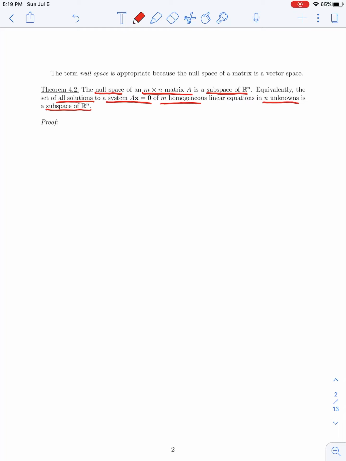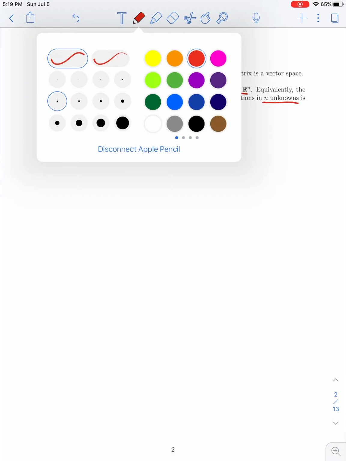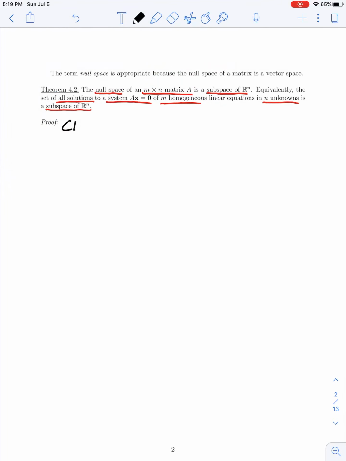So let's see if we can establish the proof for this result. The first part of this result is to show that the null space is a subset of Rn. Clearly the null space of A, which is an M by N matrix, would be a subset of Rn, since A is an M by N matrix.